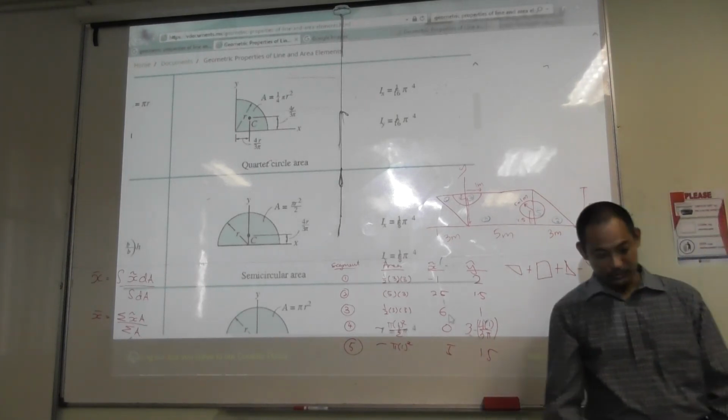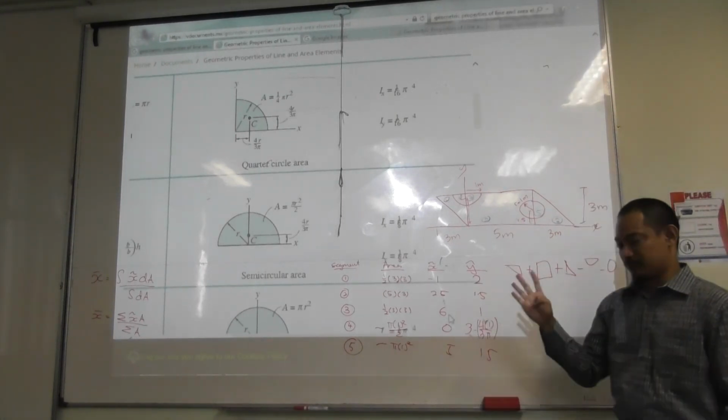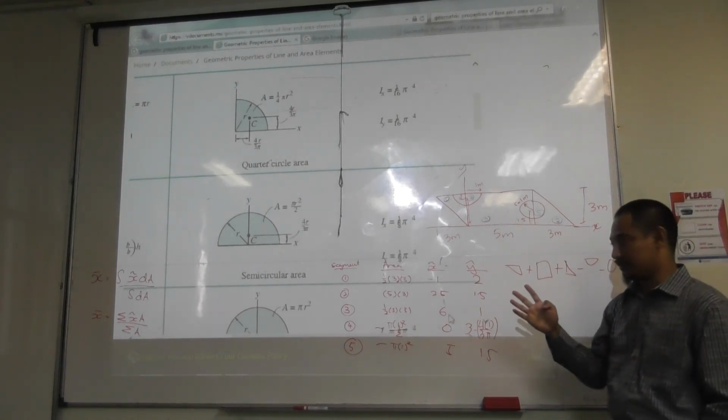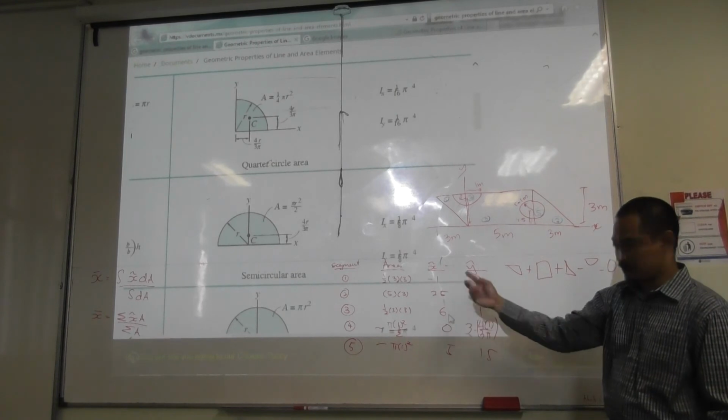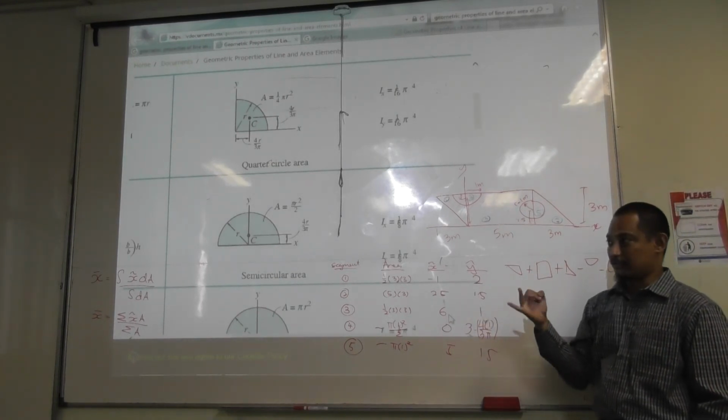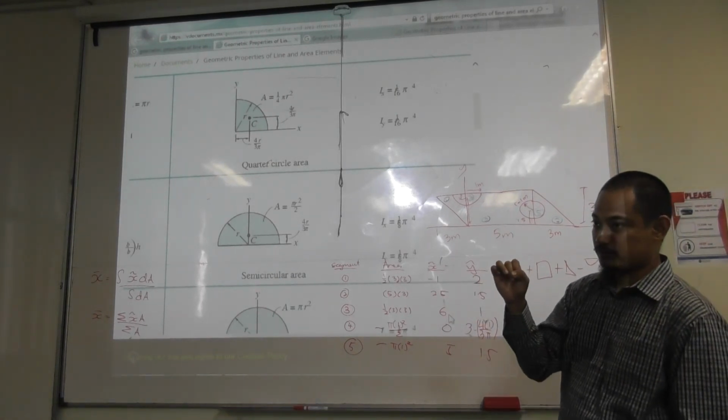In terms of the number of quizzes, we have one more quiz on chapter 5 if we do everything, and chapter 9 we have 2 quizzes, one integration and one the other, and then chapter 10 we can have another 2 quizzes.